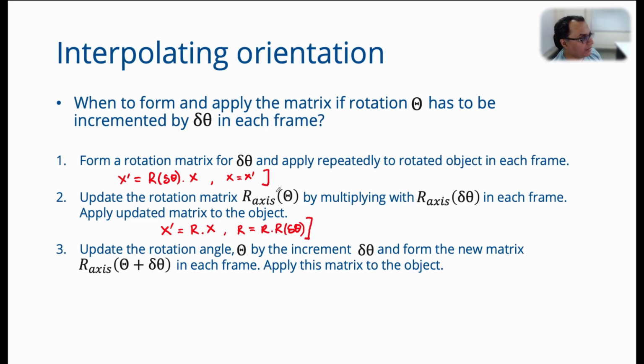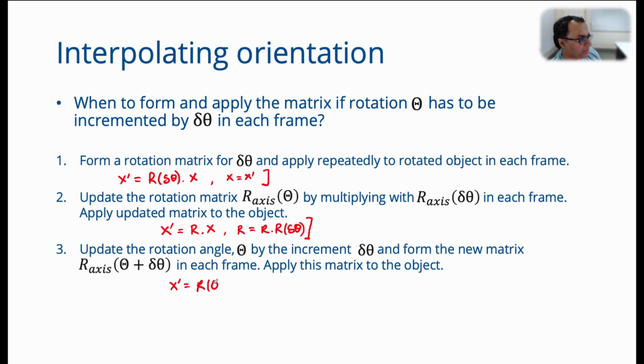So you start with R initialized to the starting theta value and you multiply it with R of delta theta at each frame. So you are updating the rotation matrix by repeated matrix multiplication, and you apply this updated matrix to x to get the updated orientation of x.